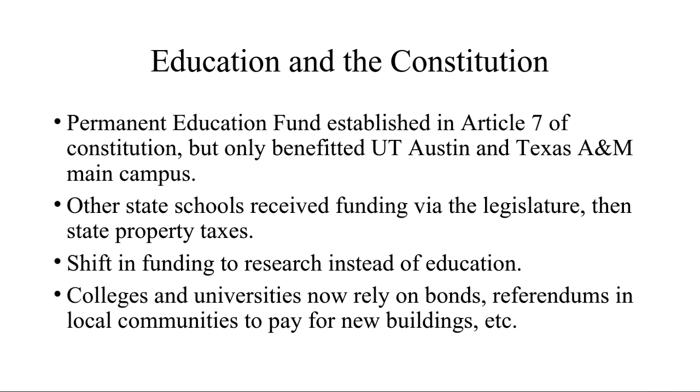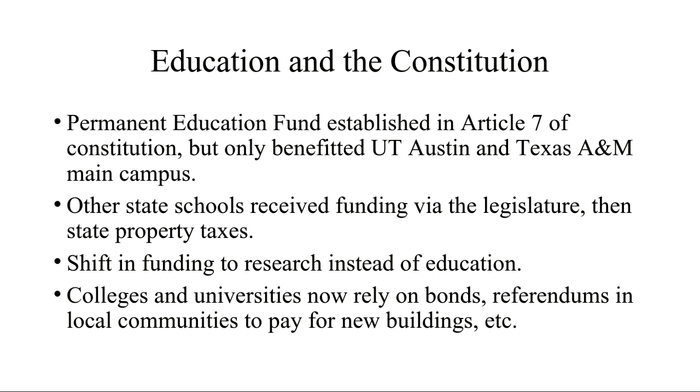So there's something like $11 billion in the Permanent Education Fund that comes from the land, oil, things like that. So if you go to UTRGV or A&M Kingsville or something like that, there's more money because it's created from a permanent fund. Other state schools get money through the legislature and state property taxes.